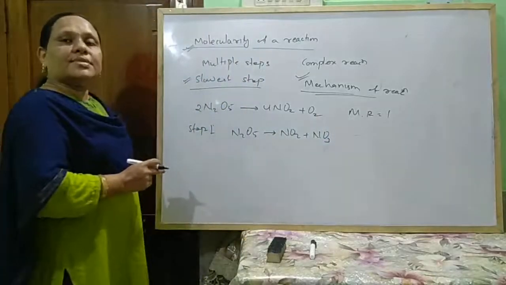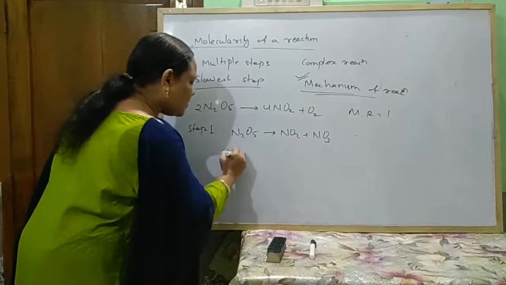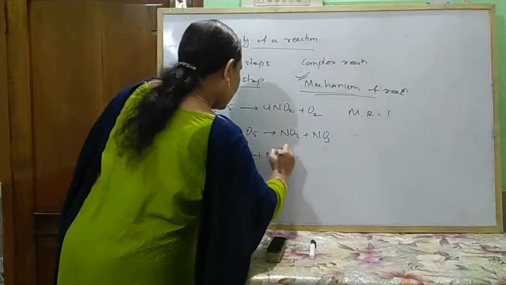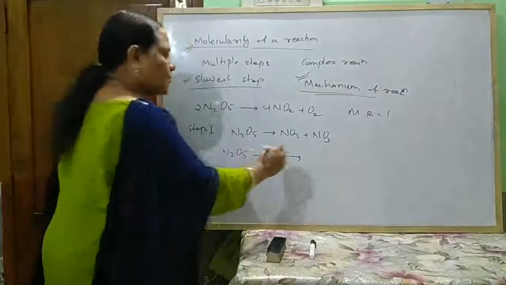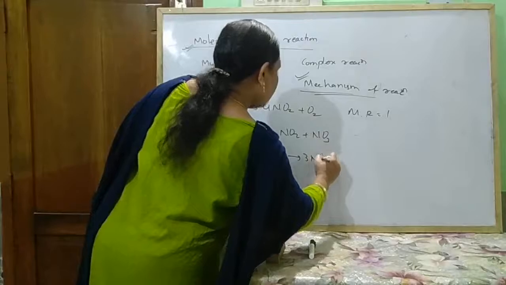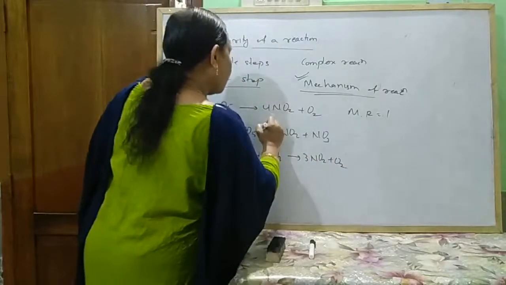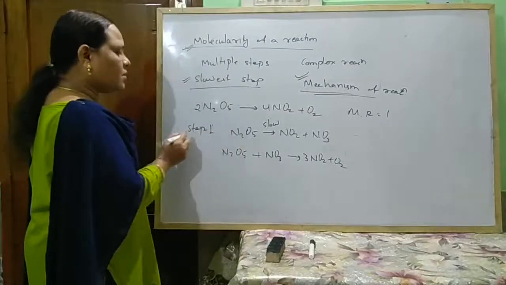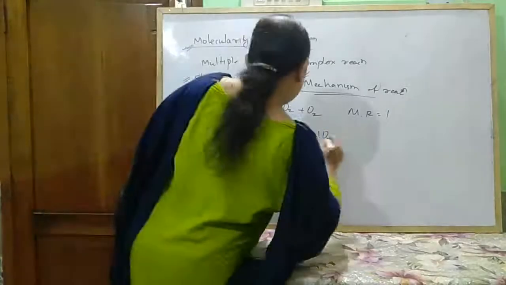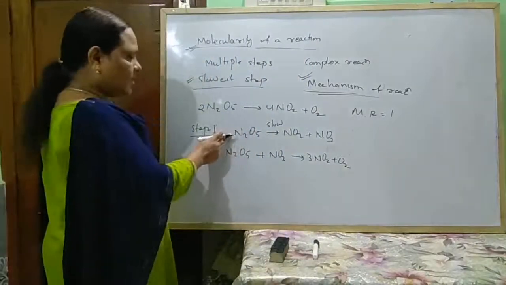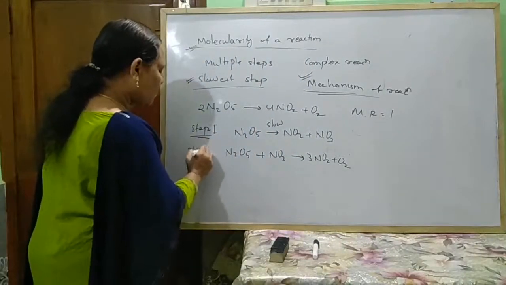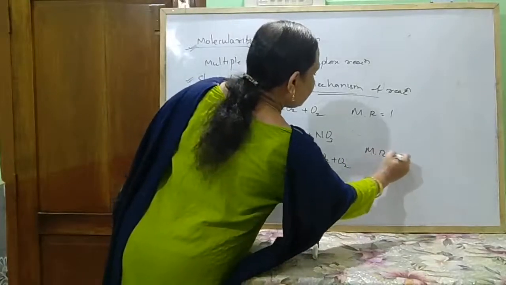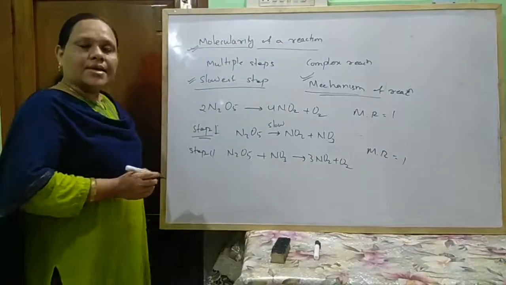And again N2O5 reacts with this NO3 to give 3NO2 plus O2, and this is the slow step. As this is the slow step, the molecularity depends on it, and one molecule is there. Hence the molecularity of the reaction is 1.